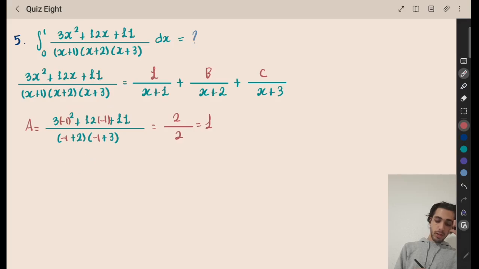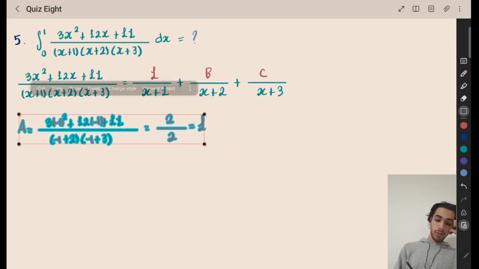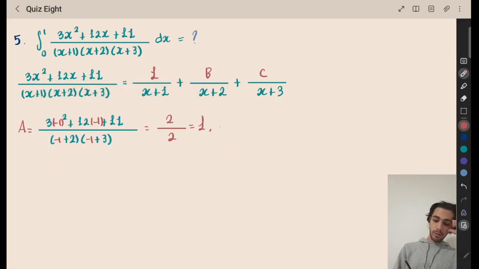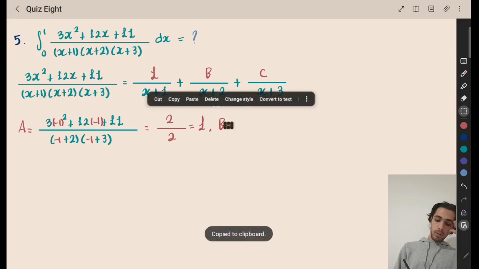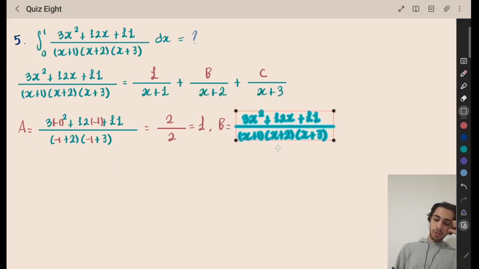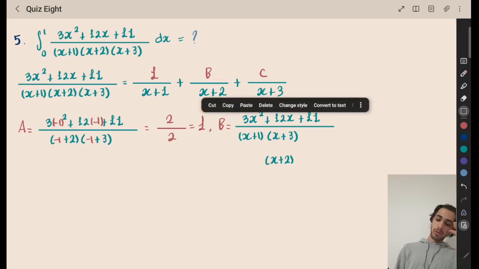Okay. Can you pause the video and do B and C? That would be amazing. So you get the expression. You cover up the coefficient of B, so you bring it outside the expression.